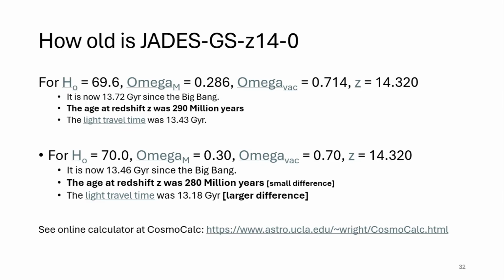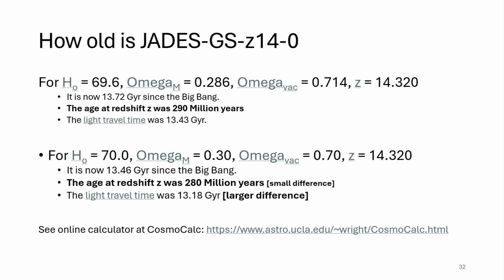So then, how old is this object? I've done it for 2 different cosmologies. One is, I think, the Planck one, the 13.7 billion year universe. And then there's one that I use, the one significant figure universe, which I call the consensus universe: H naught is 70, omega matter is 0.3, and omega vacuum, or dark energy, is 0.7. I've been using these numbers for 20 years.